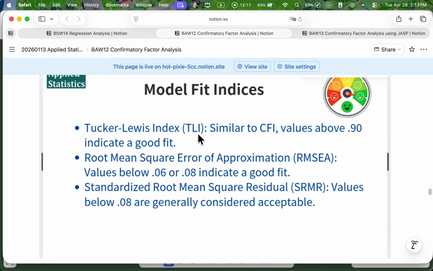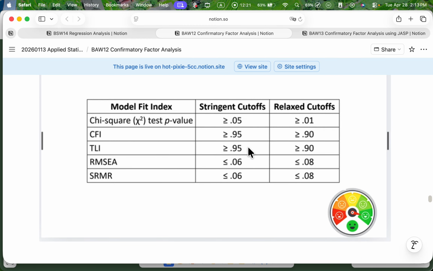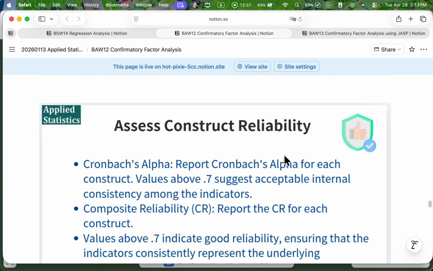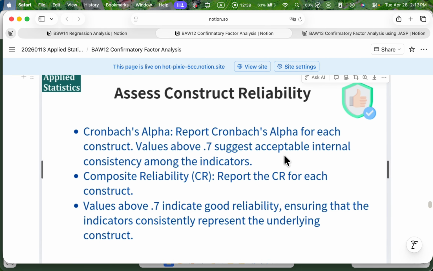So we have many indicators, so we can look at the summary of this table. Don't forget to go back to see these criteria after you report your CFA report.